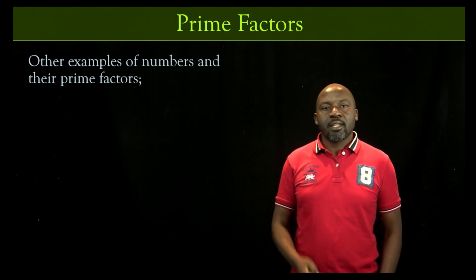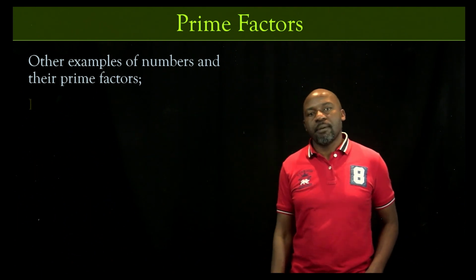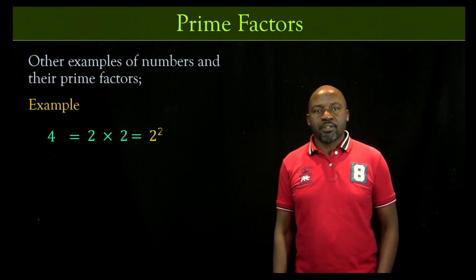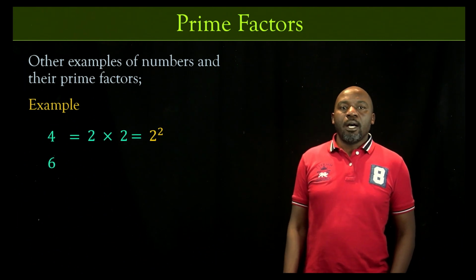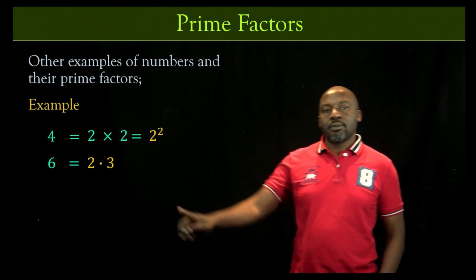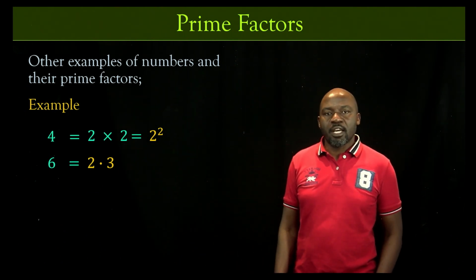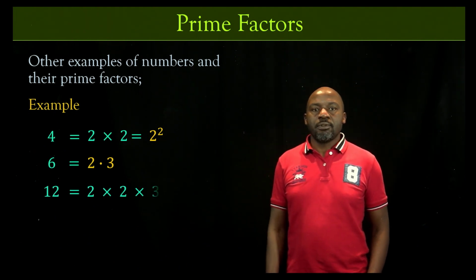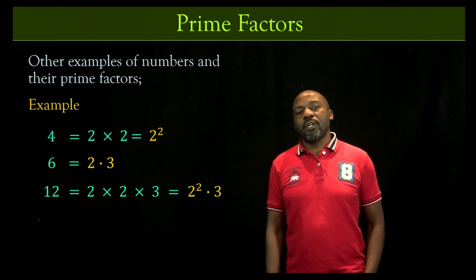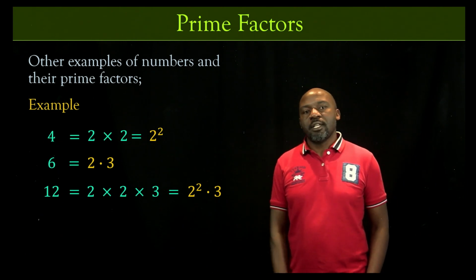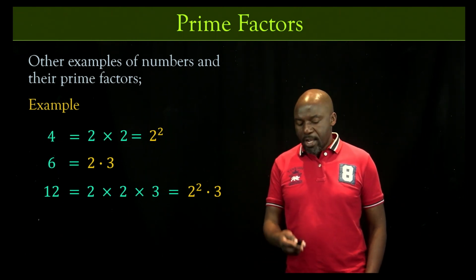Please try and check that these are in fact the prime factors for these numbers. 4 is 2 times 2, which we can write as 2 squared. 6 can be expressed as 2 times 3. 2 and 3 are prime numbers, and they are prime factors of 6. 12 can be expressed as 2 times 2 times 3, or if you like, 2 squared times 3. And so 2 times 2 and 3 are the prime factors of 12.